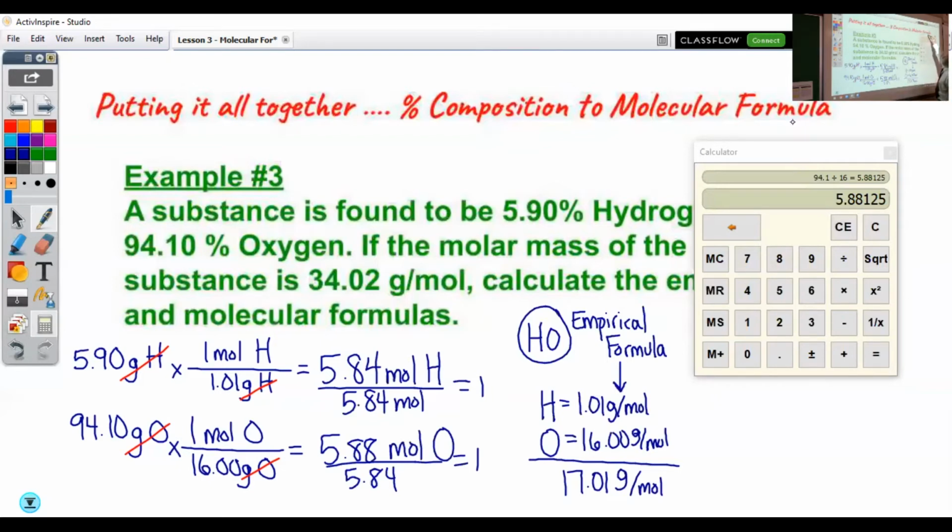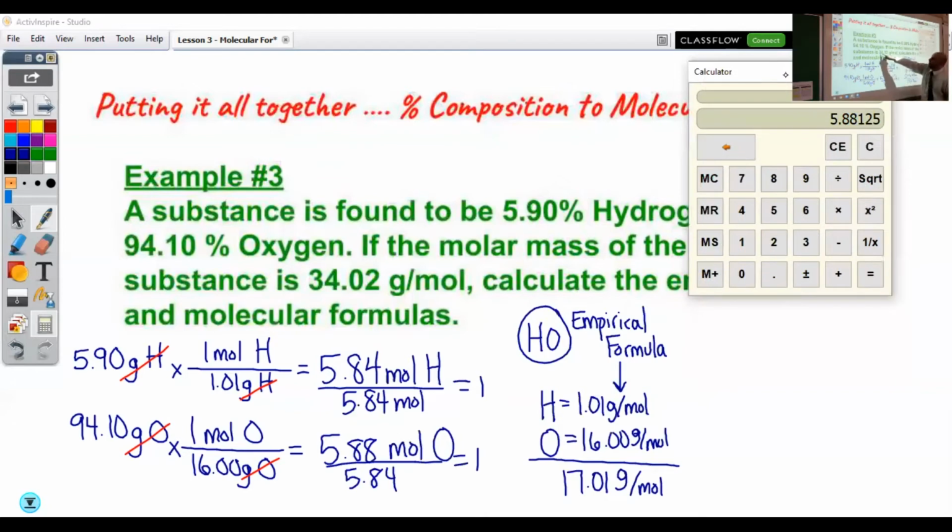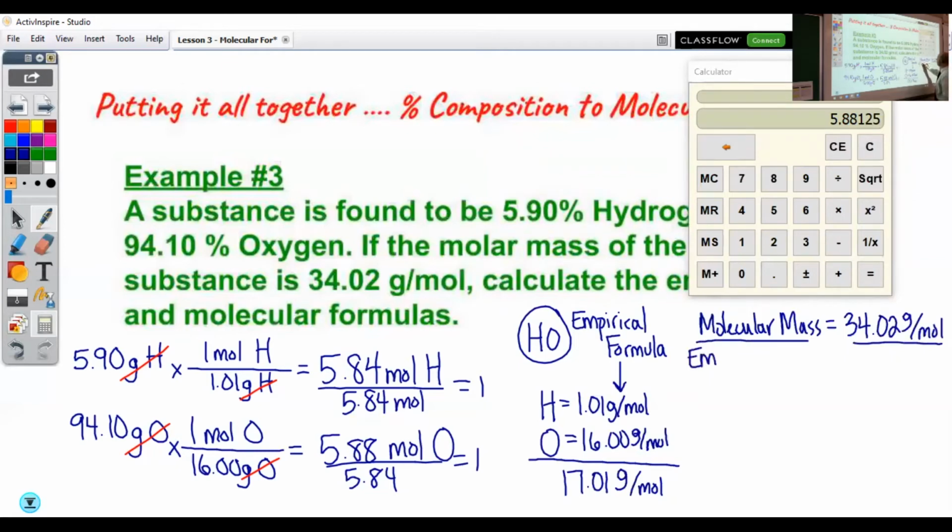So in our final step, we are told that we have a molecular mass of 34.02. We're going to divide that by our empirical formula mass, which we found to be 17.01.